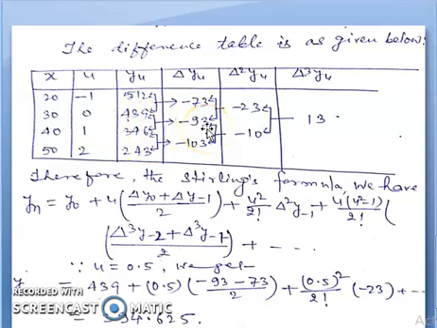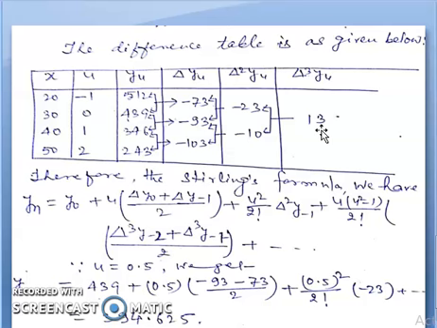Similarly 346 minus 439 is minus 93, and 243 minus 346 becomes minus 103. Again del squared y: the differences here are minus 20 and minus 10. For del cube y, again the same process: the difference is 13 minus... plus 10, that is 10.